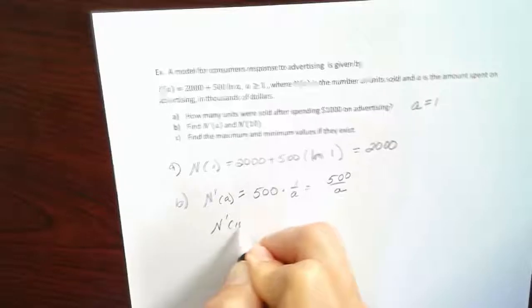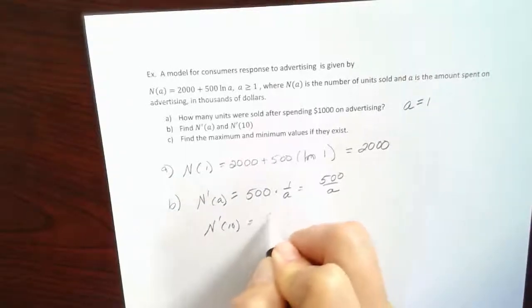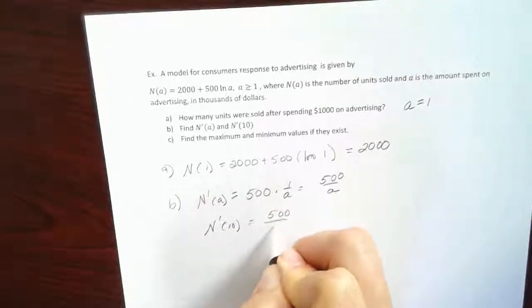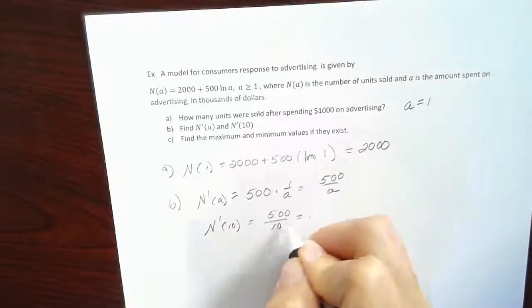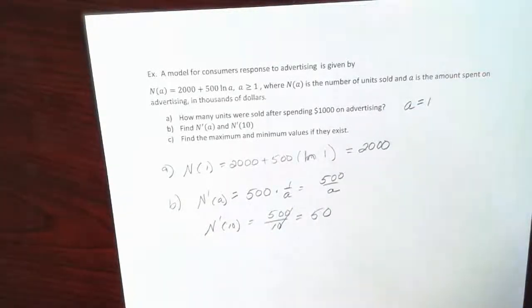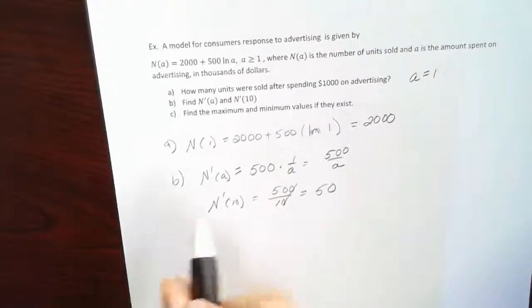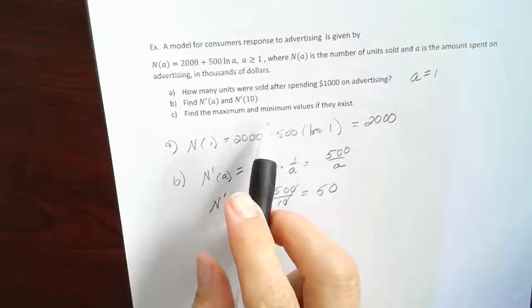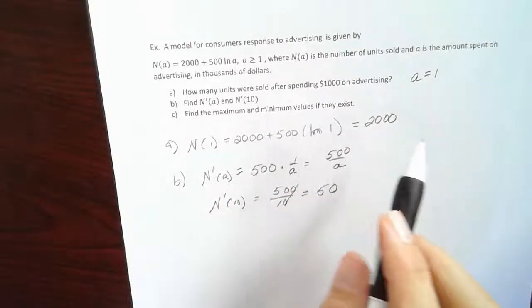So N prime of 10 is equal to 500 divided by 10, which is then going to be equal to 50. Okay, so then we've got a rate of change when we spend 10,000 of 50 units, per thousand.